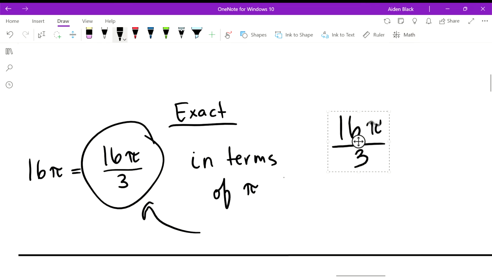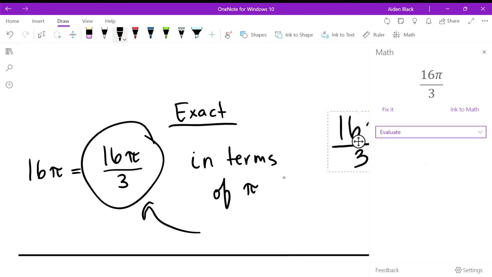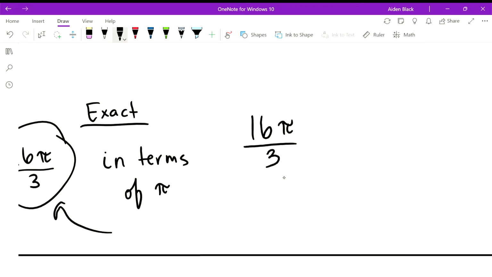See if my calculator works here. 16.75 feet. And remember, this is squared.